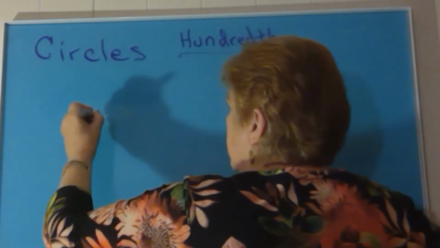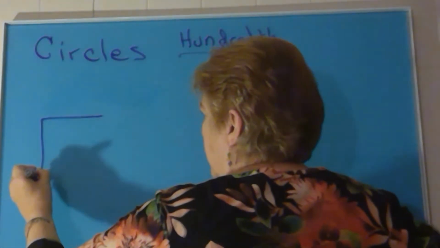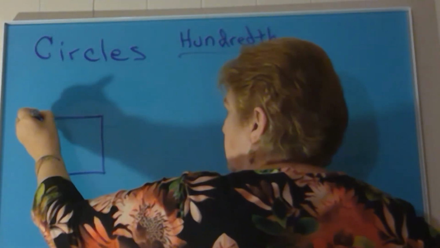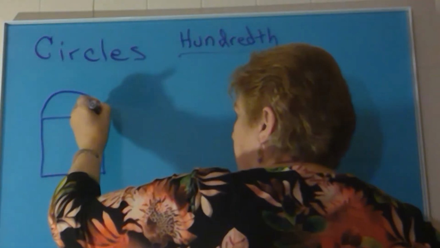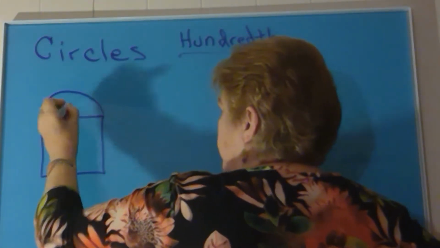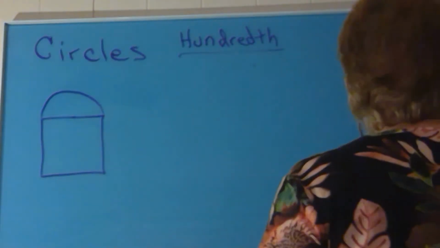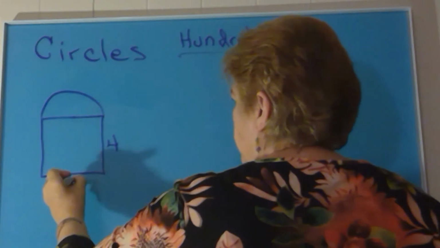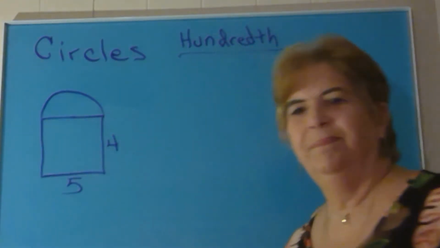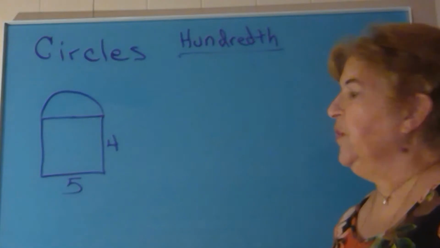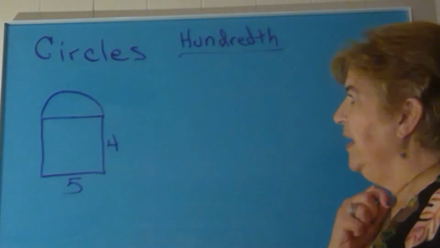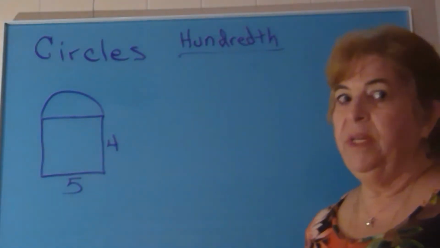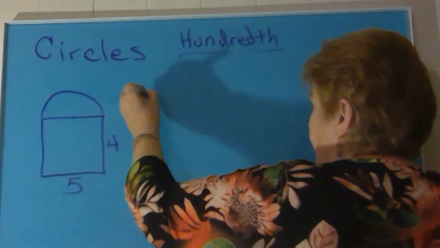The first one, I'm going to use a figure that is a rectangle and it has half a circle on top of it. This isn't drawn to scale, but that's okay. Now, the first thing I'm going to ask you to find here is what we still will call the perimeter.